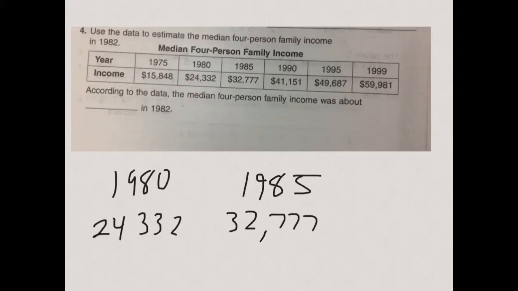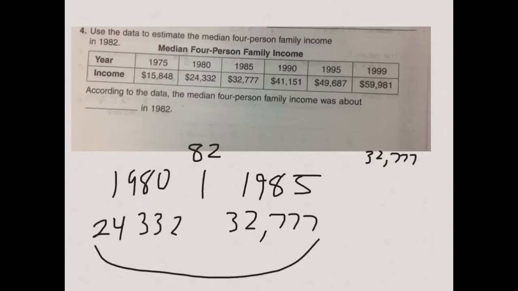So I need to find that year in the middle, which would be 82. So I need to find the halfway point for this also. One way I can do that is take 32,777, subtract 24,332, and what do I get?